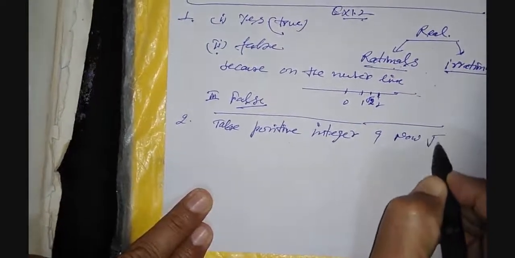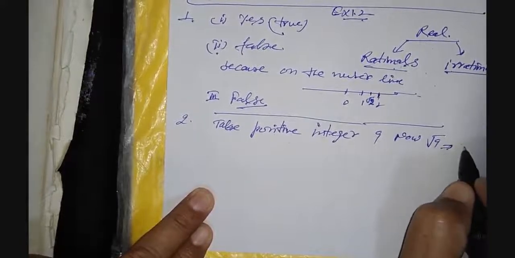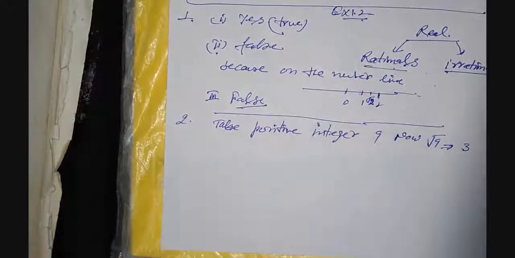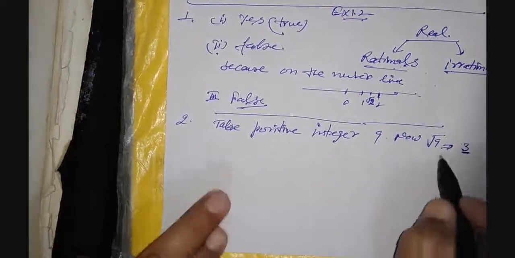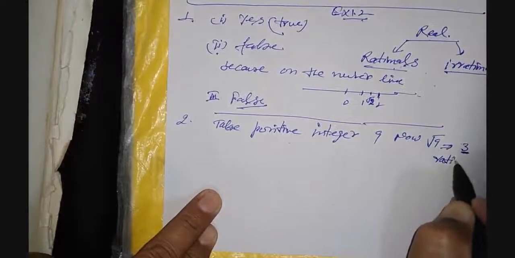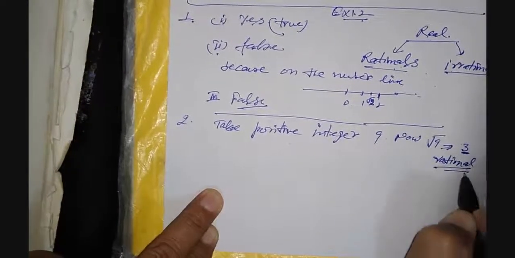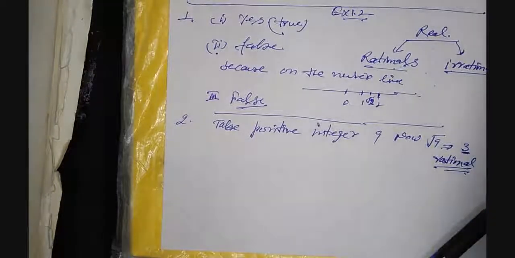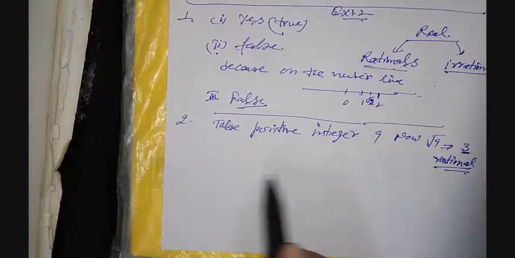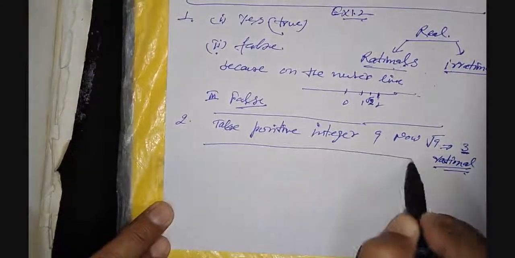Now root 9 is equal to 3. So the question is, are the square roots of all positive integers irrational? No, this is a rational number. What is this? It is rational, not irrational. If not, give an example of the square root of a number that is rational. So the question is complete.